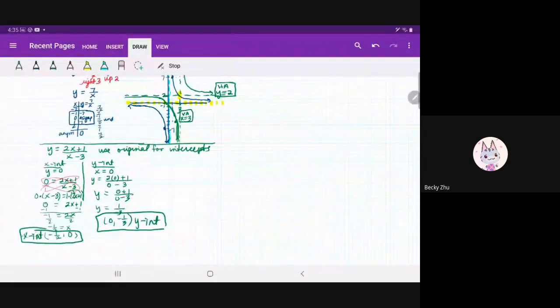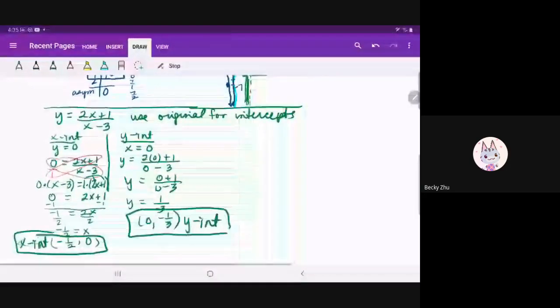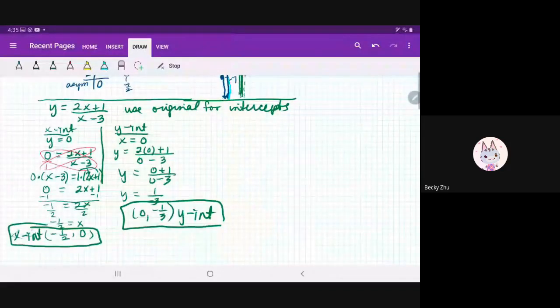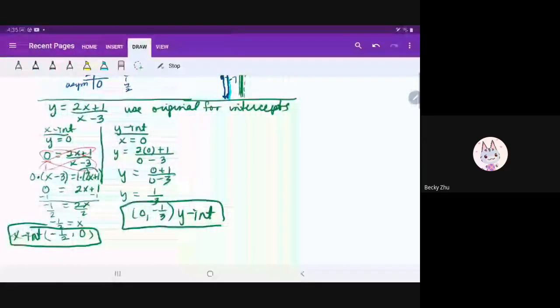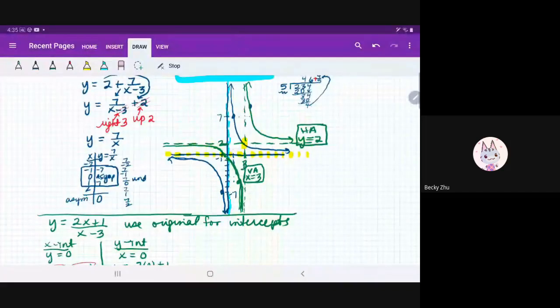Okay, so in this lesson, the importance isn't that you have all of this perfect, but the importance is remembering how to find an x-intercept of any equation, y-intercept of any equation. We are also learning how to graph the boomerang graphs or the 1 over x graphs, the 7 over x graphs. They don't really have a name.